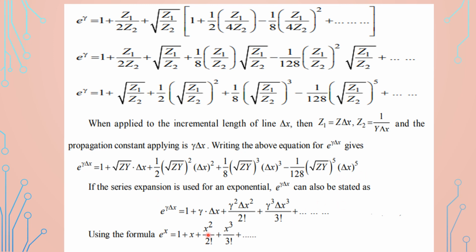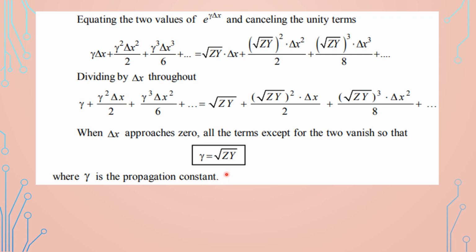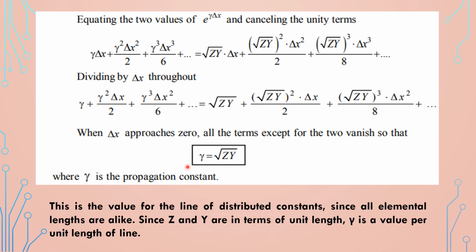Using this formula, I'm comparing, and it is equal to root of Z into Y. By comparing both equations and dividing by del x, we finally find gamma. That's nothing but root of Z into Y, where gamma is the propagation constant. Please make a note.